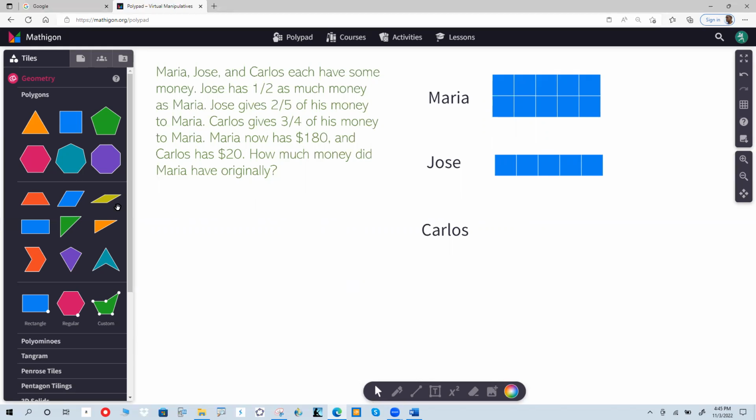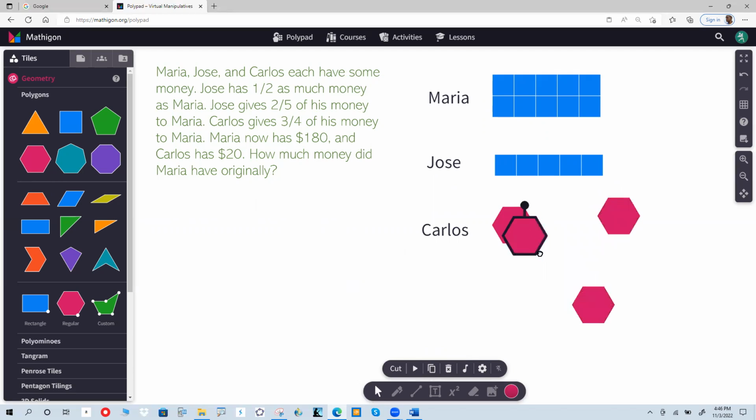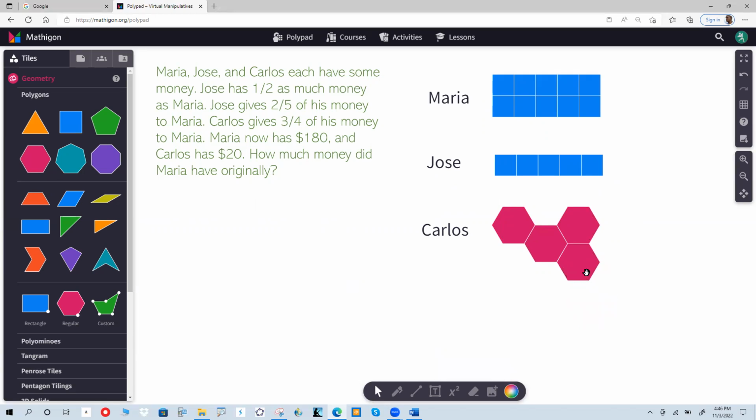I'm going to use a hexagon instead, and give him 4 of them, arranged like so. These are their original amounts. I used hexagons for Carlos because his money can be divided into 4 parts, but each part is not the same as Jose's each part.